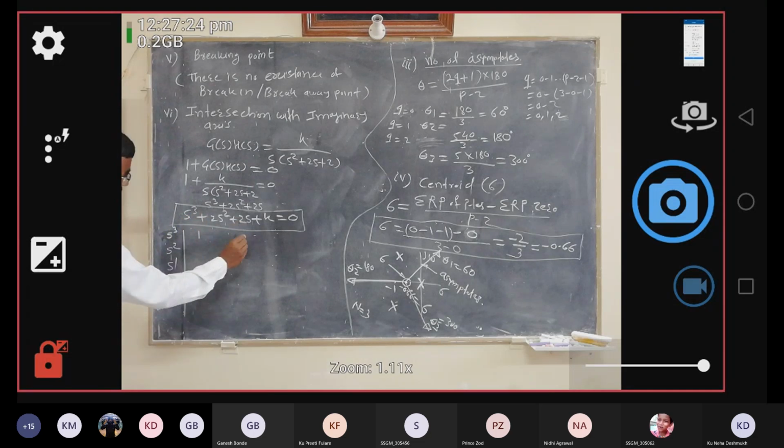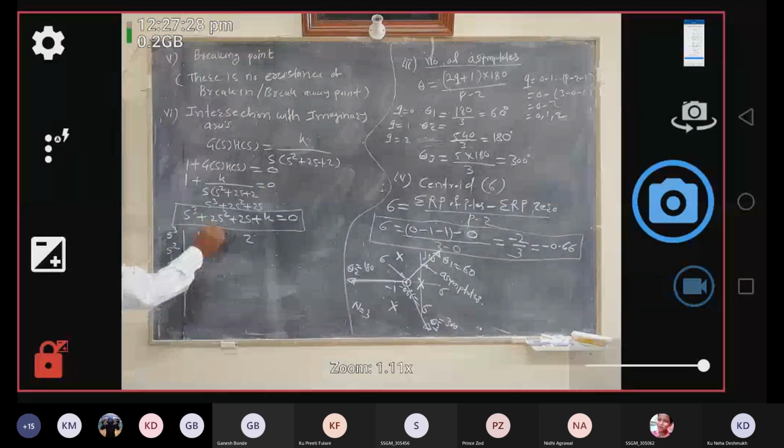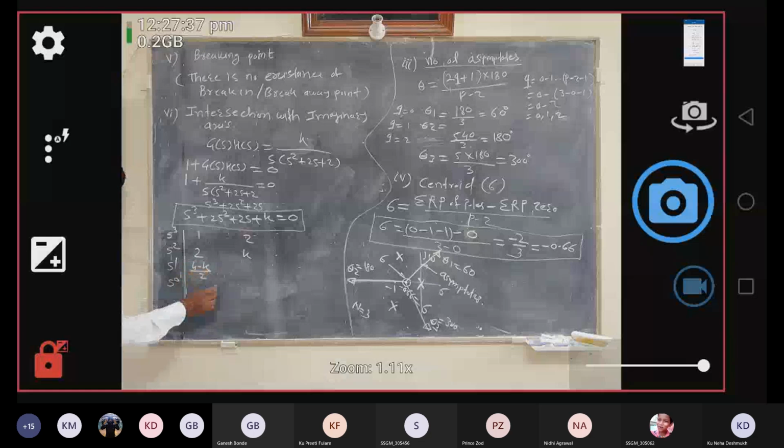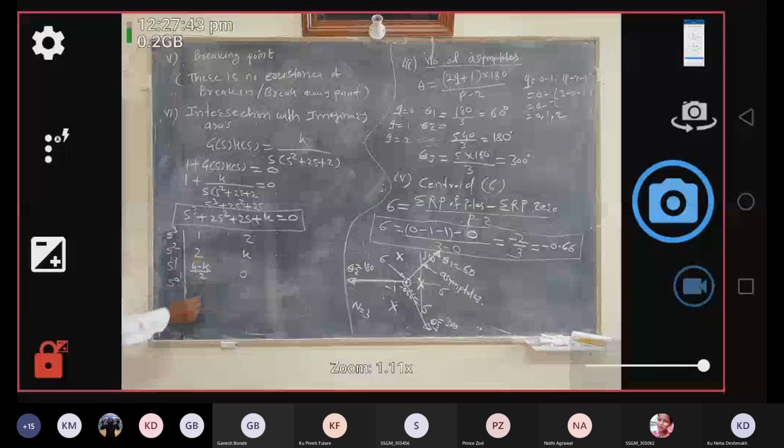S square is 2, K. Complete this: 2 into 2 is 4, 4 minus K, so this could be 4 minus K upon 2. This could be 0, so this into this divided by this, it could be K. So this is your Routh array.